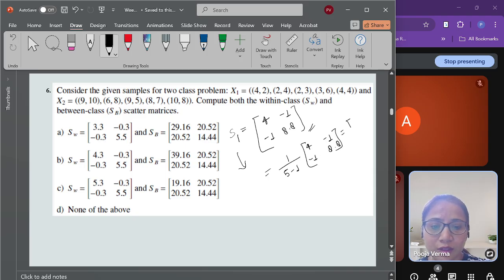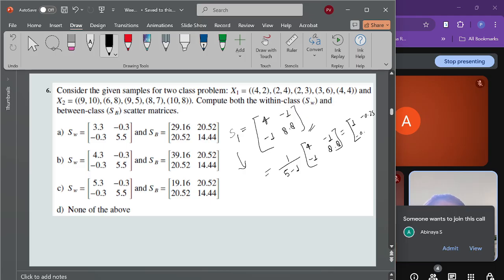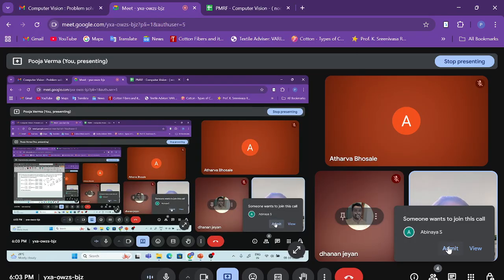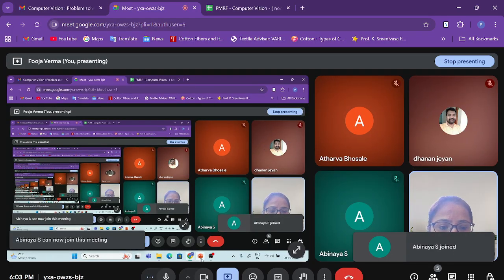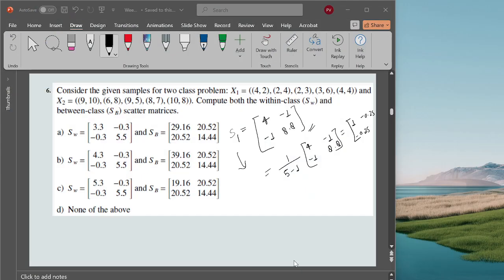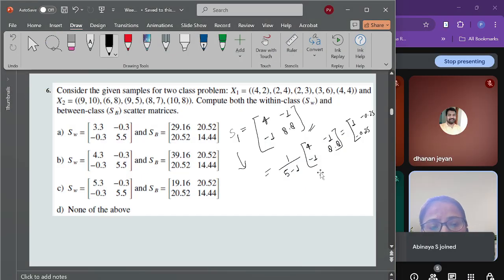If you further divide it, you will get here 1, minus 0.25, minus 0.25, and 2.2. This is a week 11 correction. In the last week, I forgot to correct it.